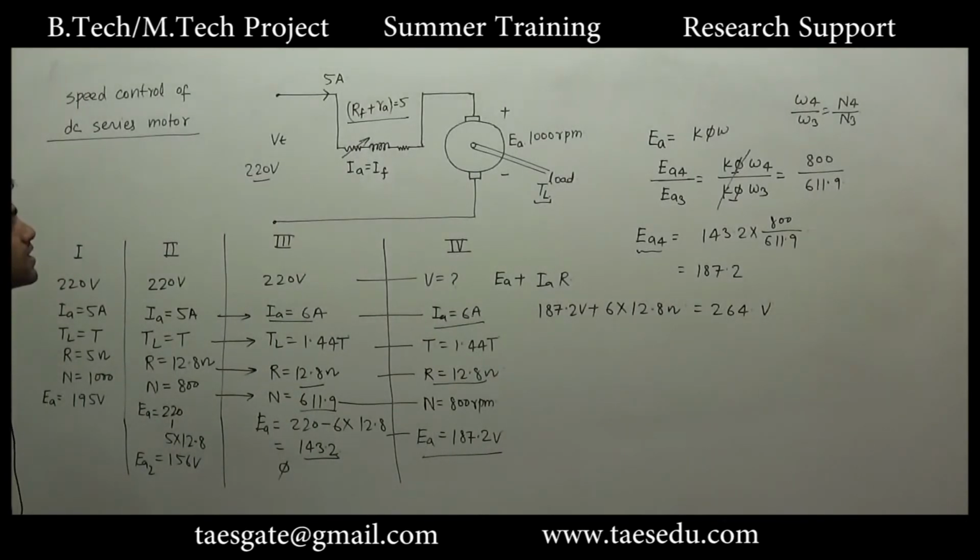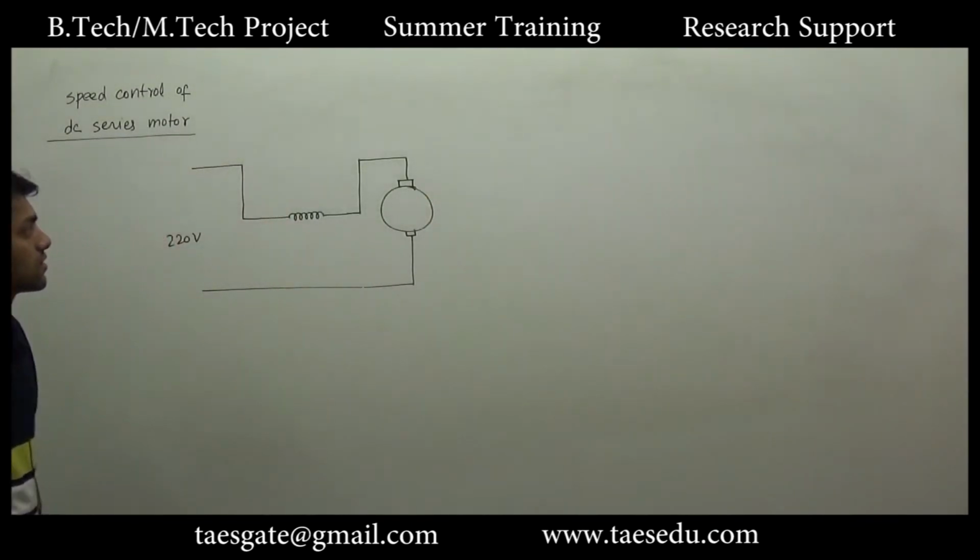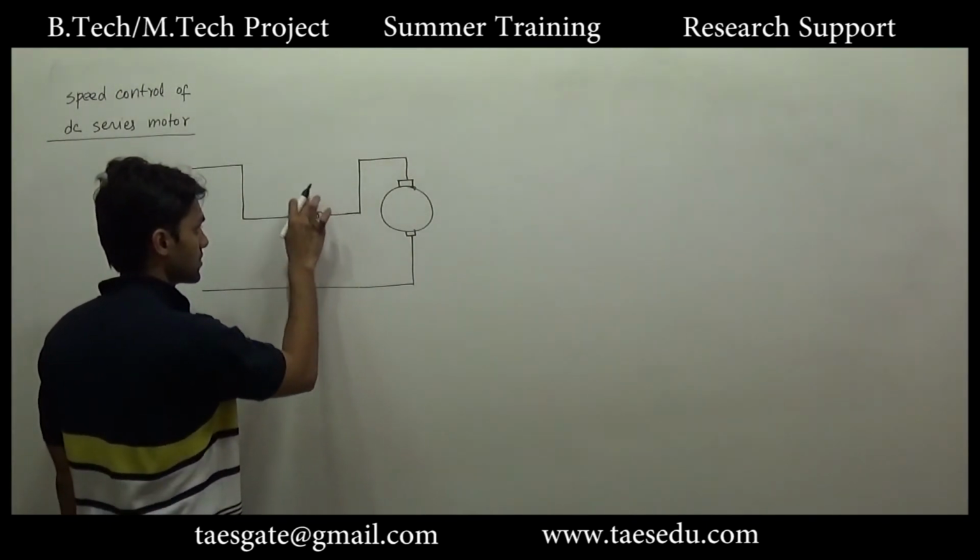So this way we have seen the effect of change of resistance, change of load torque, and change of supply voltage on a DC series motor. One way of controlling the speed of a DC series motor is by changing this resistance.